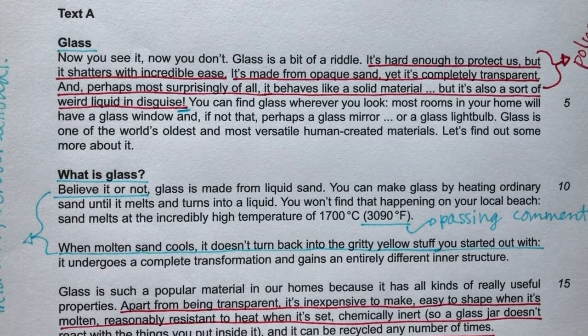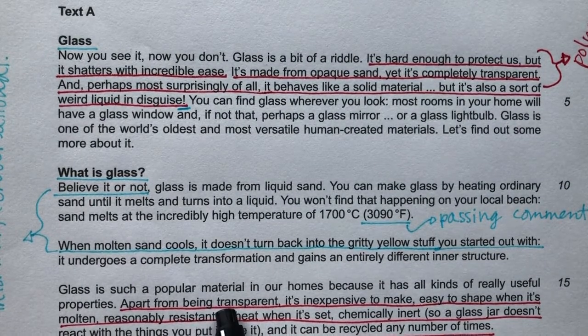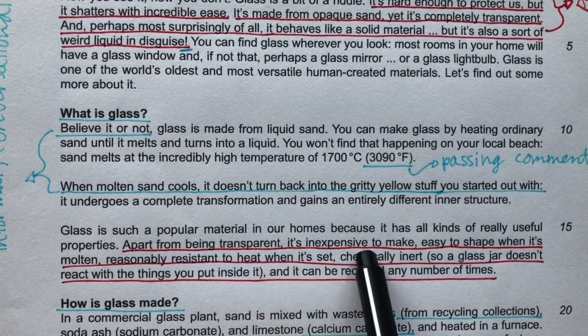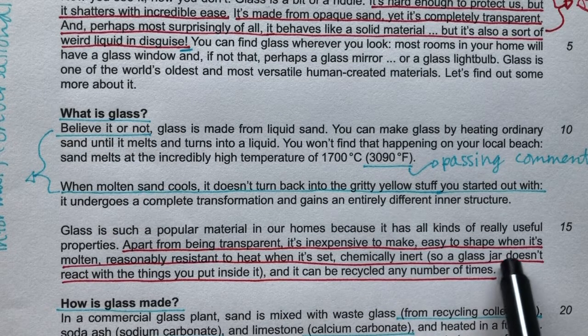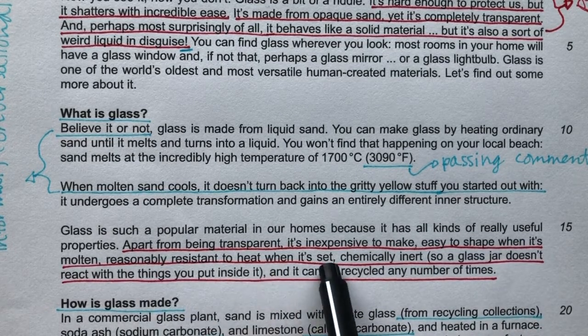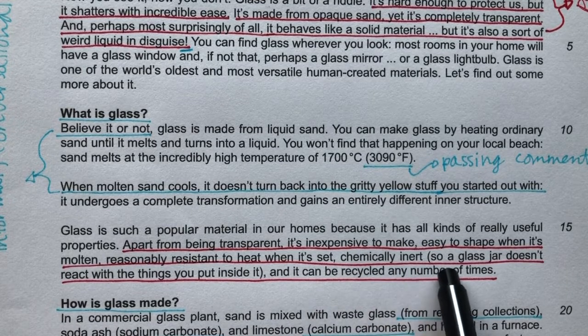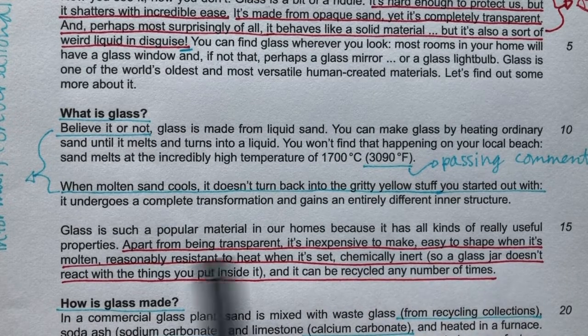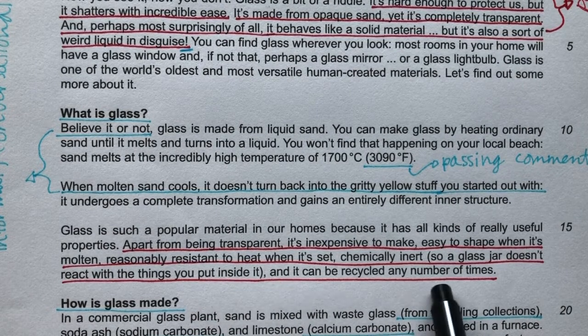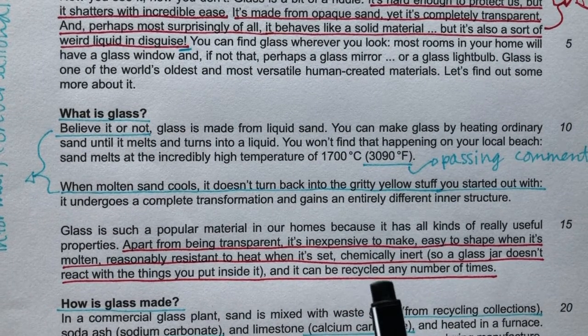And moving on. Apart from being transparent, it's inexpensive to make, easy to shape when it's molten, reasonably resistant to heat when it's set, chemically inert, so a glass jar doesn't react with the things you put inside it, and it can be recycled any number of times.